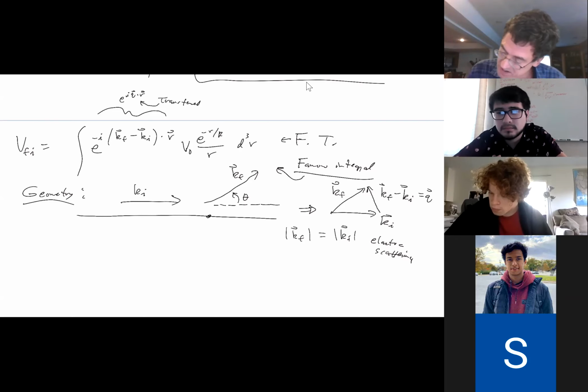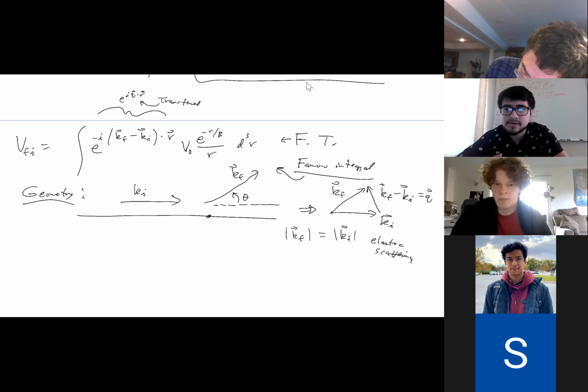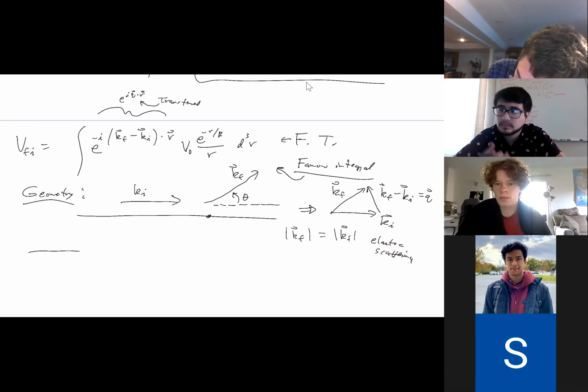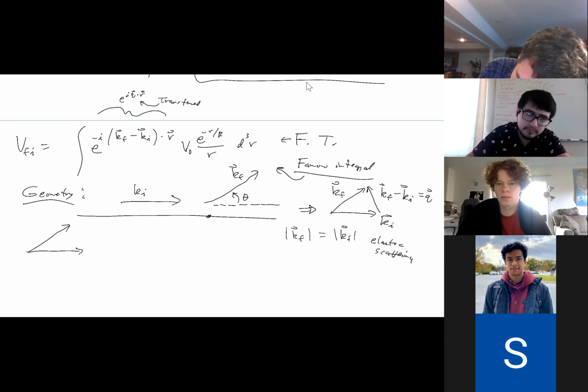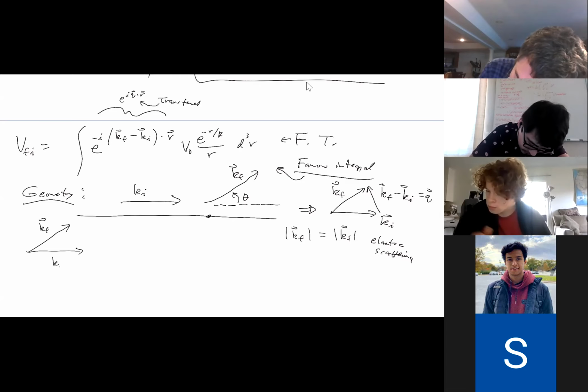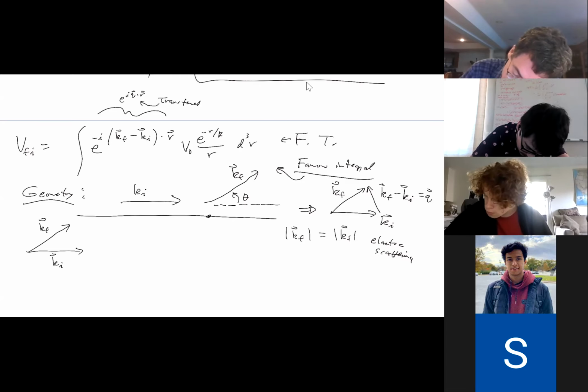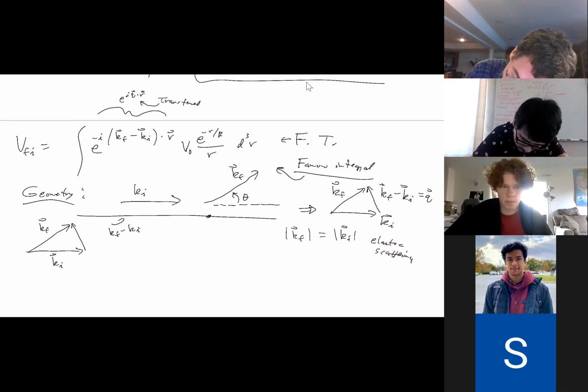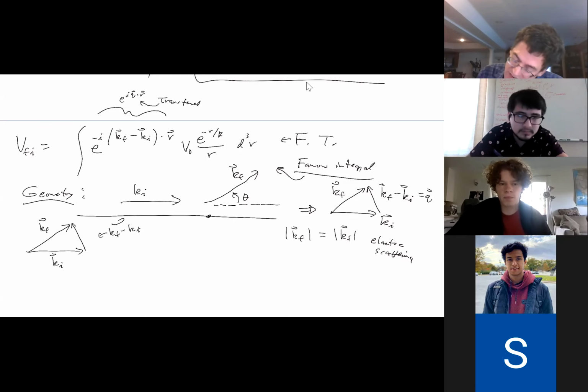So let's take a look at this geometry. We've got this geometry where this is k_f and this is k_i, and this is the scattered momentum, k_f minus k_i, that arrow. I want you to notice something.